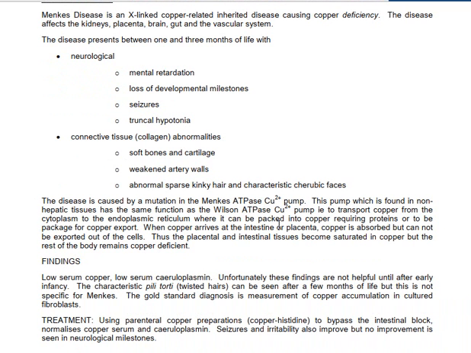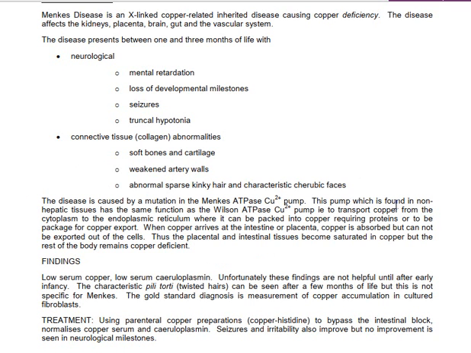Now, the disease is caused by mutation of the Menkes ATPase copper 2+ pump, while Wilson's disease is a disorder affecting the Wilson's ATPase copper 2+ pump. This pump, which is found in the non-hepatic tissue, has the same function as the Wilson ATPase, to transport copper.